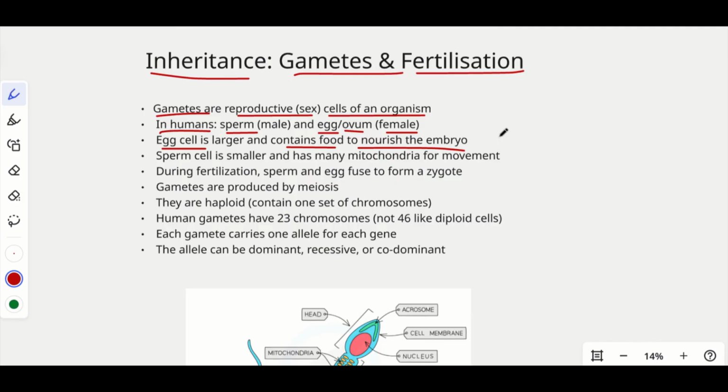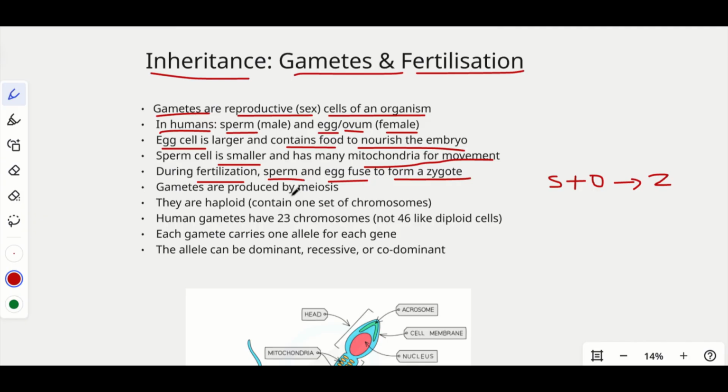If that embryo has to grow, it should get enough nutrients, right? That is why they carry nutrients. And the sperm cell is smaller and has many mitochondria for movement. During fertilization, the sperm and the egg fuse to form the zygote. So the sperm plus the egg, the ovum, will form the zygote, right?